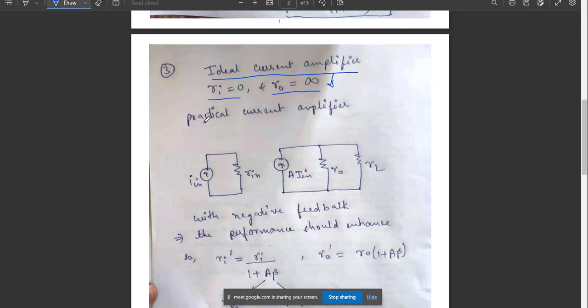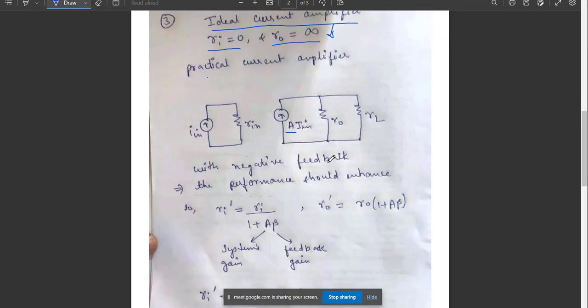For a practical current amplifier, something like this will be the equivalent circuit. Here A is the gain of the current amplifier. Rin will be connected with the current source, and Ro will be connected in parallel to the load impedance as the output impedance.